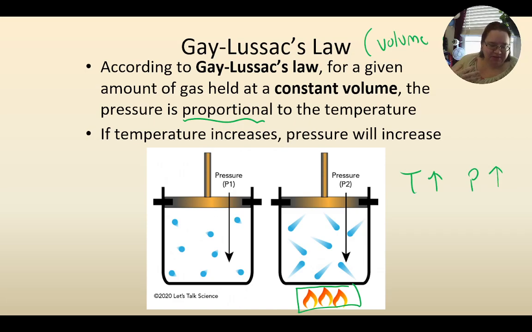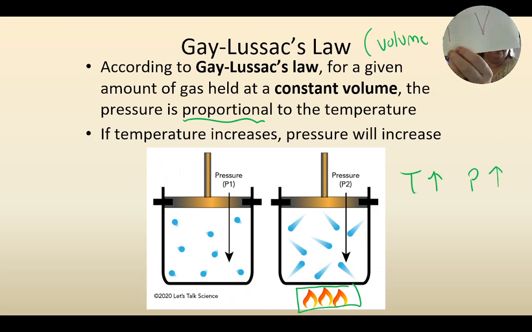Now, the nice thing about these three gas laws is that because the number of particles is constant, there is a nice little manipulative that you can make that allows you to actually see the relationship between these gas laws. And I just realized that my choice of color makes it very hard to see in the video, so let's see if gray is a little bit better.